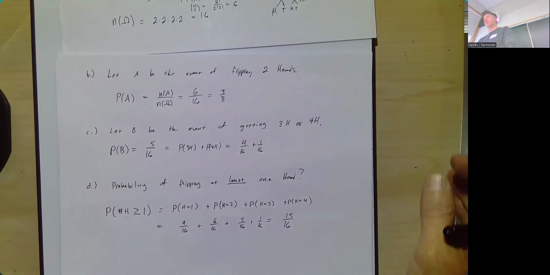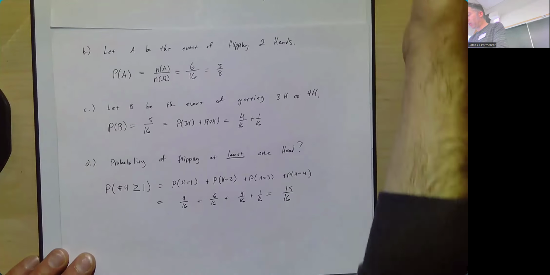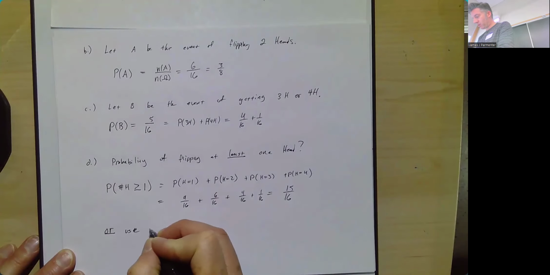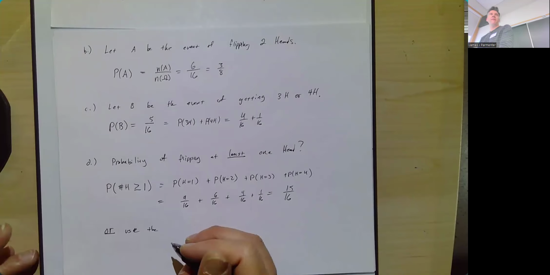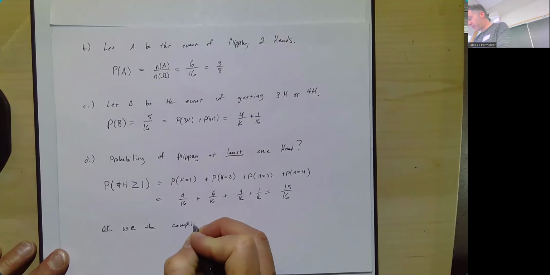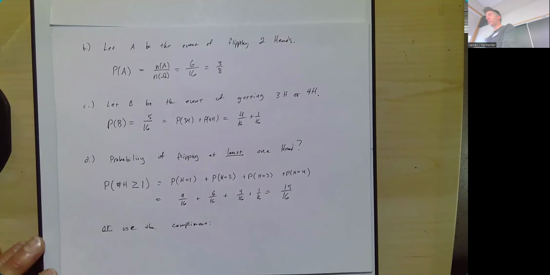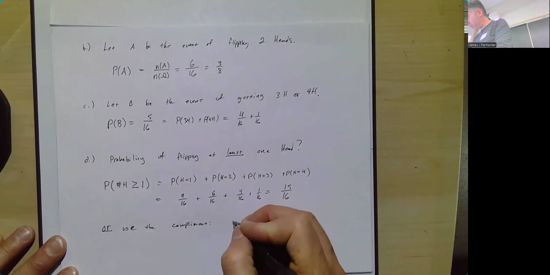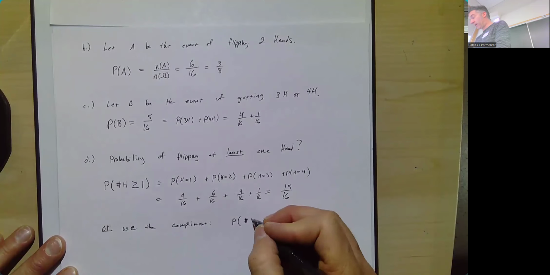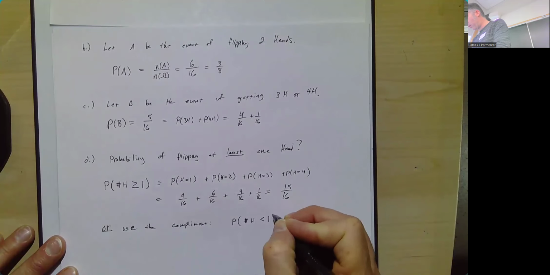Or we could do less work. We could use the complement. Or really, the better word here is the leftovers. The complement is just the leftovers, all the things we didn't use. So instead of being greater than or equal to 1, we want everything else, which is strictly less than 1. So the complement here is that the number of heads is strictly less than 1.